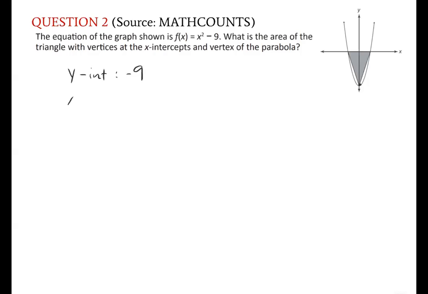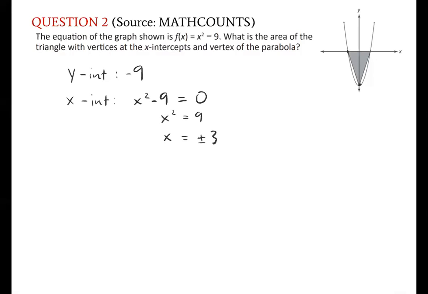And then we can find the x-intercept. We're given the formula of the parabola, so if we set f of x to 0, then we can find the x-intercept. We just solve for x, and that will give us positive and negative 3.